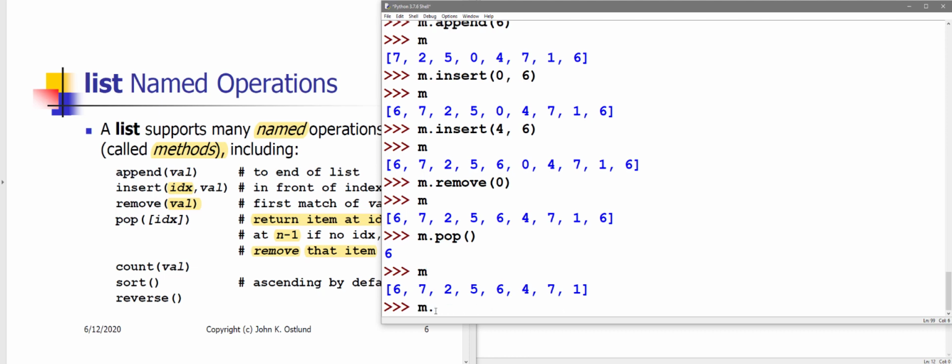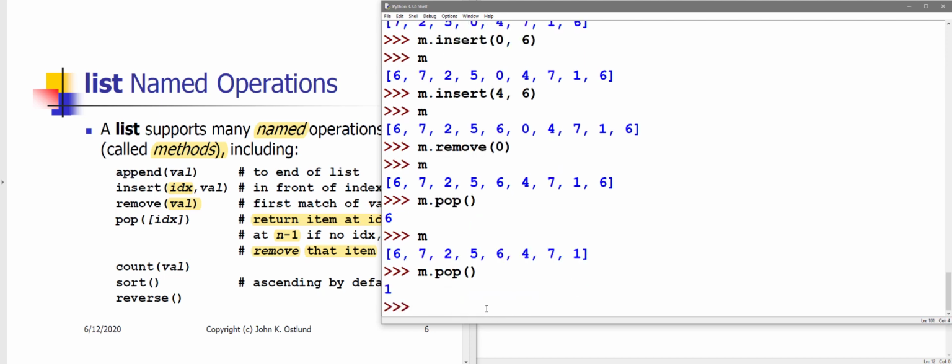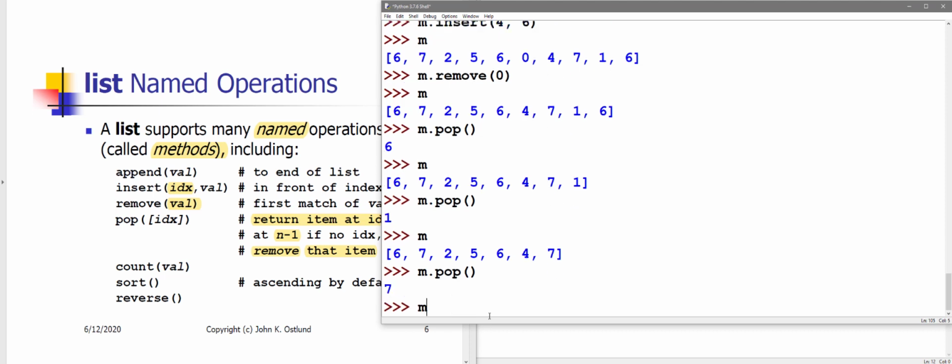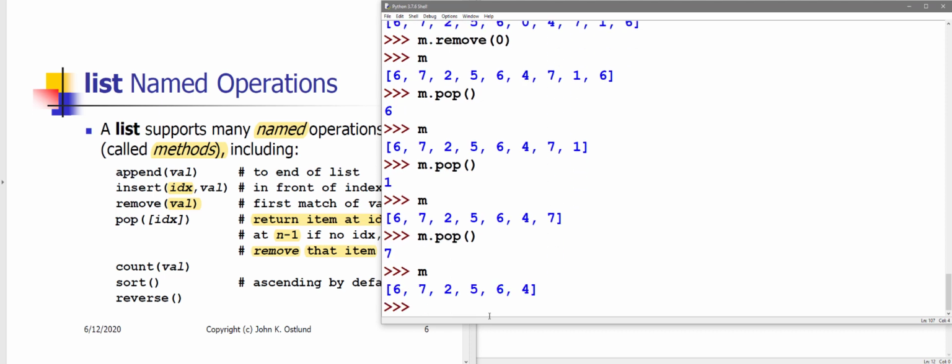If I say m.pop again, well, the item at the end of the list following the first pop is the value 1. So that value 1 is what's popped. And now if I do pop again, that gets me the 7 from the end of the list. I can use an index if I wish.